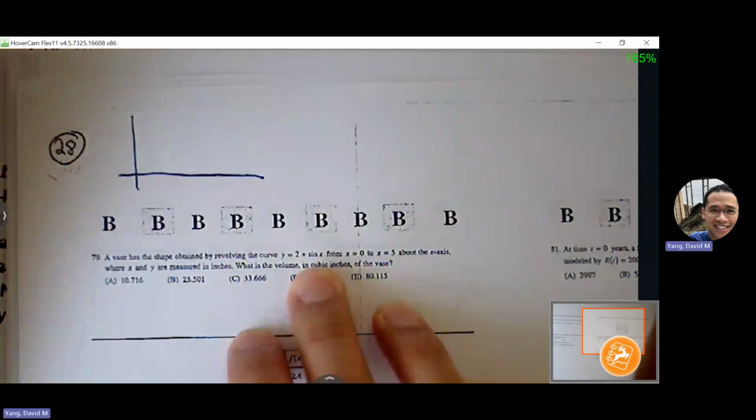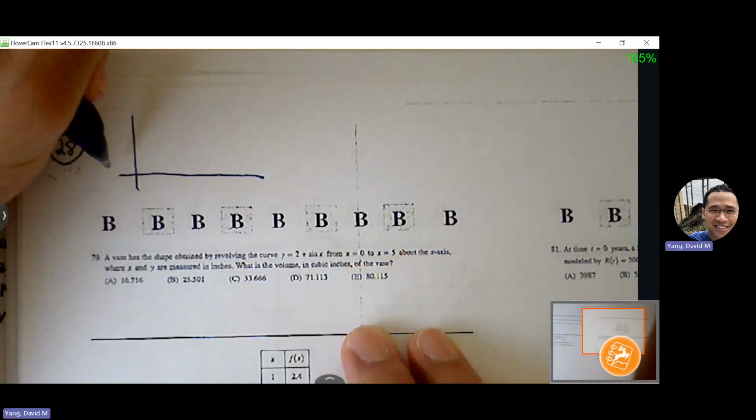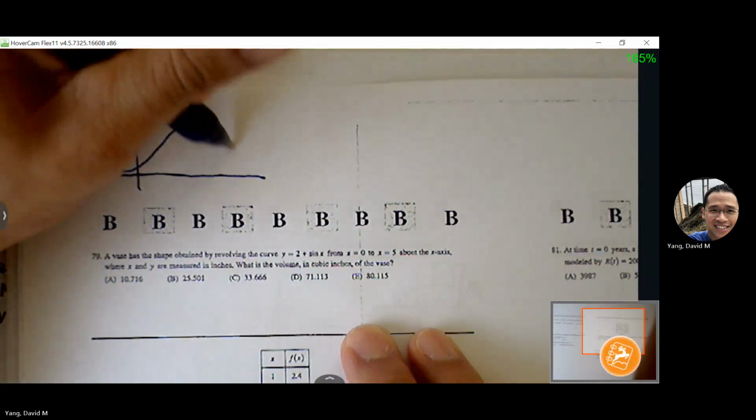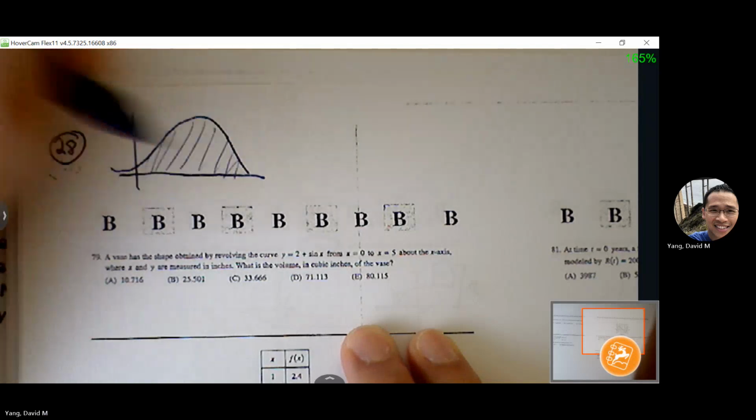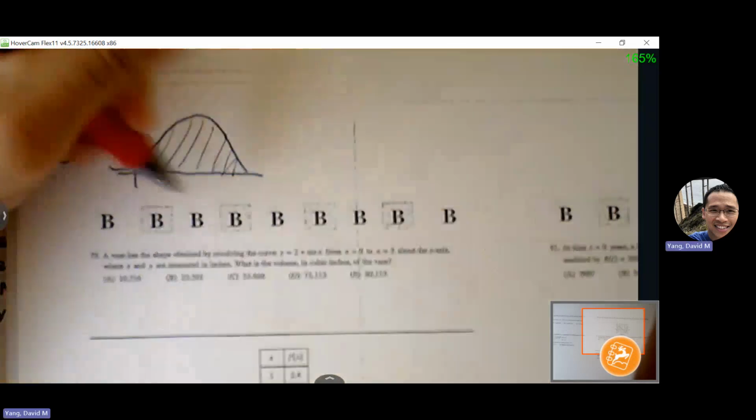If we put this into your calculator, it looks something like a curve like this, going from 0 to 5, rotating about the x-axis.